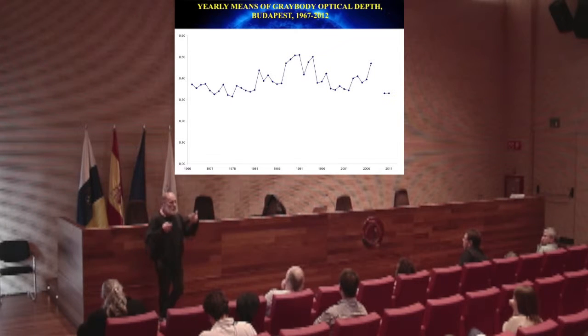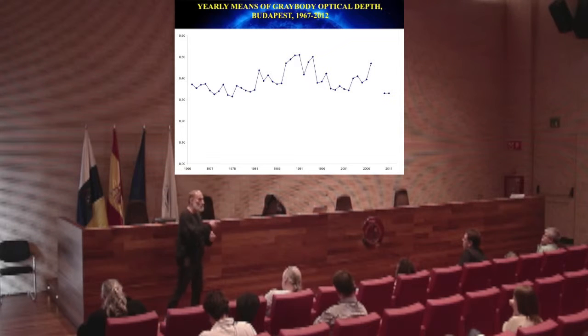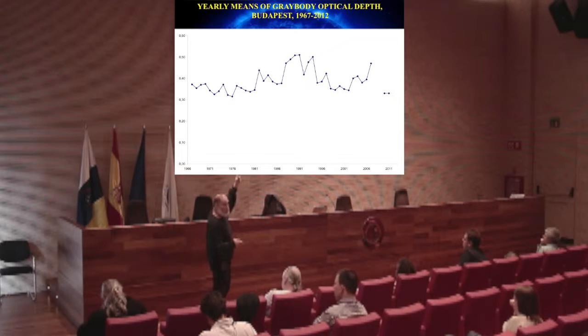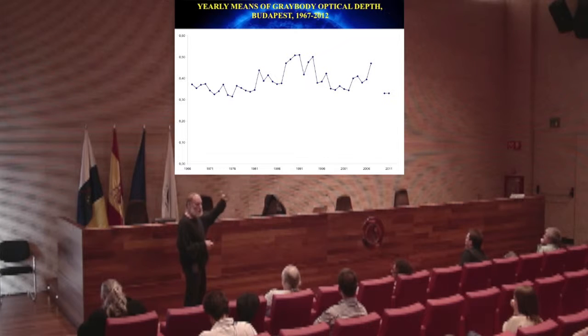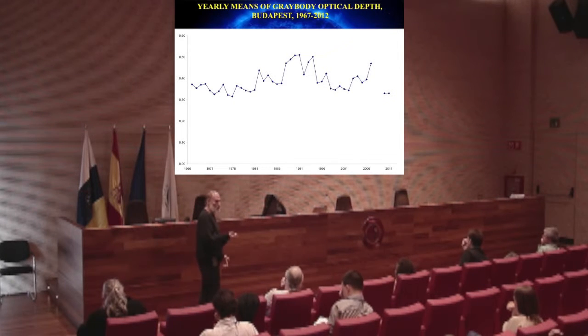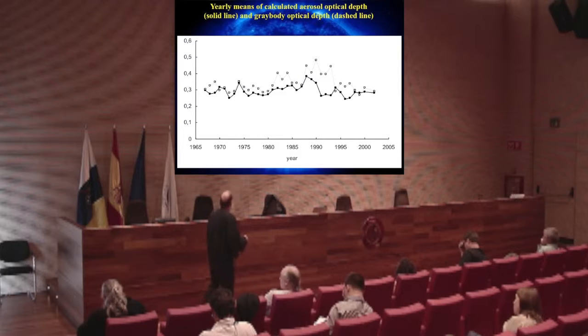That is good, but it is not so sensitive a parameter to the transparency, unlike a parameter directly related to the transmission of the atmosphere. So it shows considerably more significant effects than the global radiation.